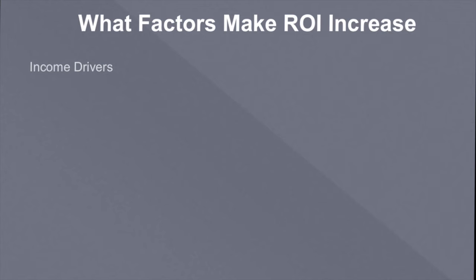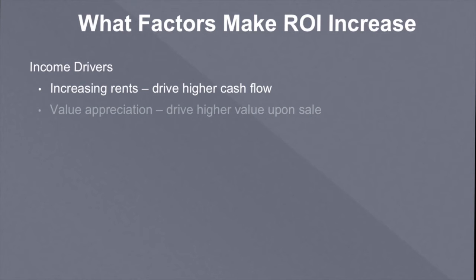So what factors make it increase? Well, obviously, like so many of the other metrics we talk about, increasing rents, higher cash flow, value appreciation, higher value upon sale or refinance, because you can also calculate return on investment based on refinancing the property.